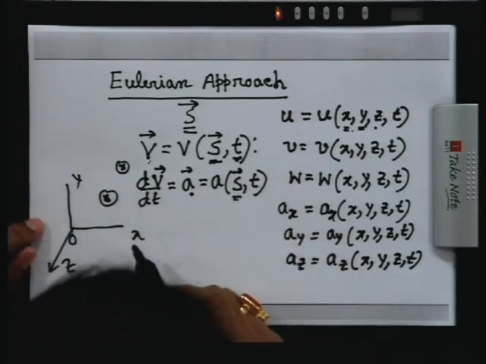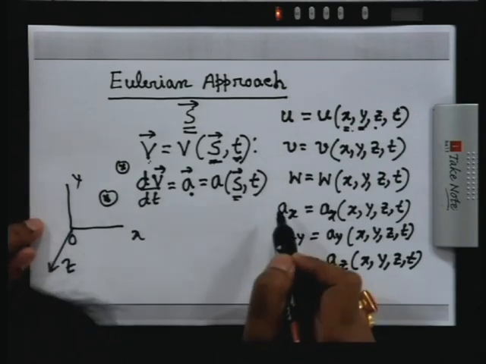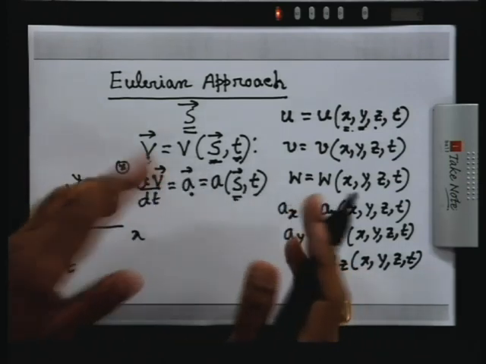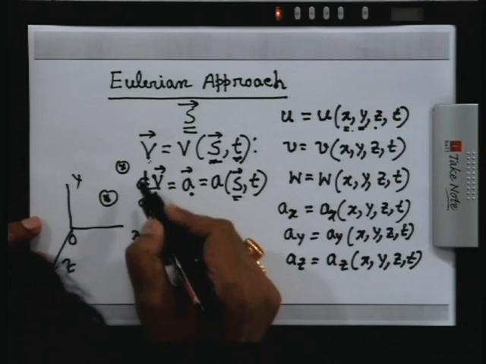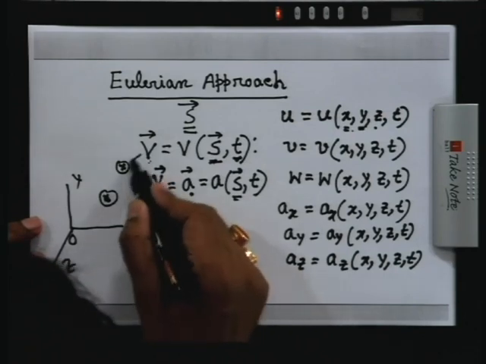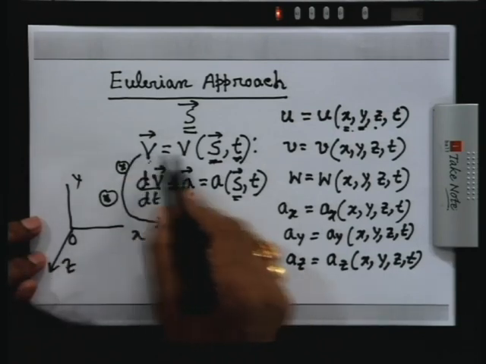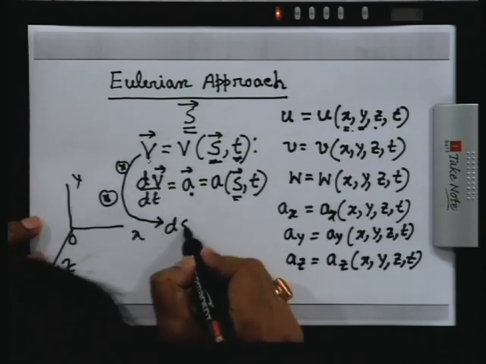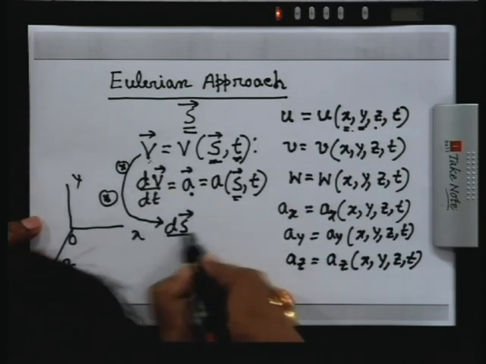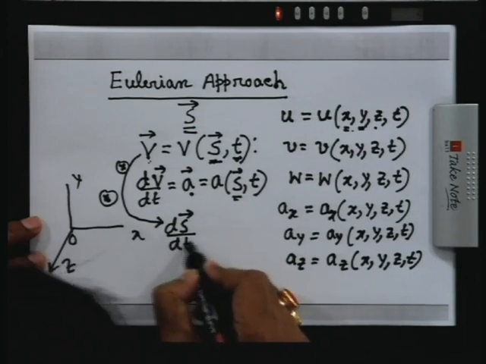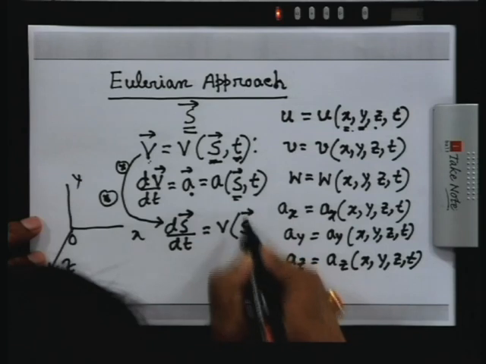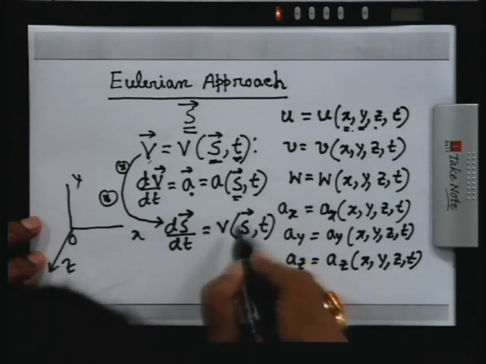Now, we can relate the Eulerian approach and the Lagrangian approach this way. We can go from the Eulerian approach to the Lagrangian approach. For example, here we have this expression given by the Eulerian approach. This can be written in terms of the position vector: ds/dt is the function v(s, t).